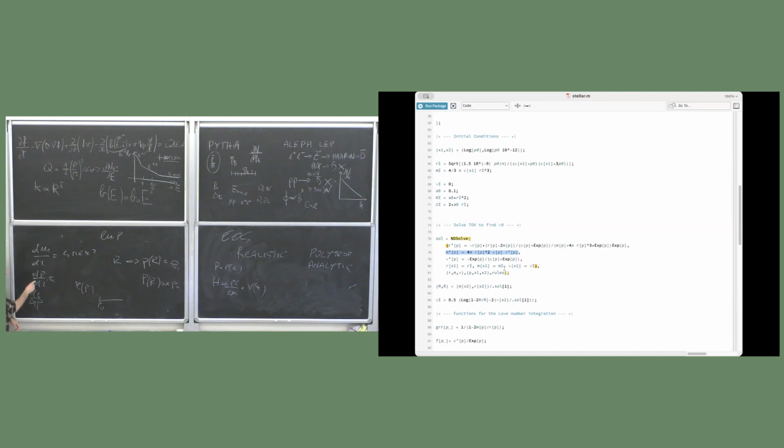Let me put this in a clearer way. This thing gets integrated between R0, the center of the star, and capital R, which I don't know where it is, because my condition is not on capital R, but on P of R, which must be, let's say, 10 to minus 12 P0, which is my 0.